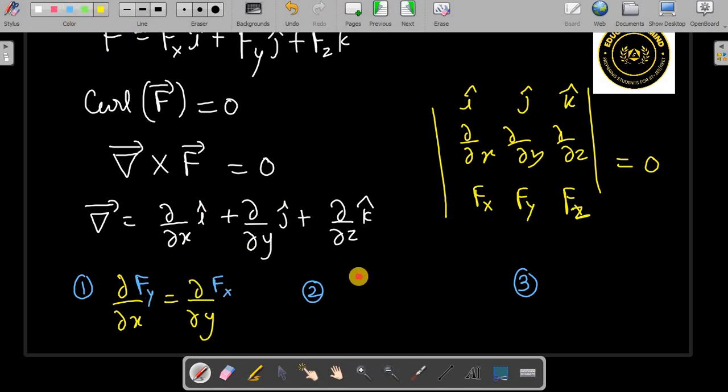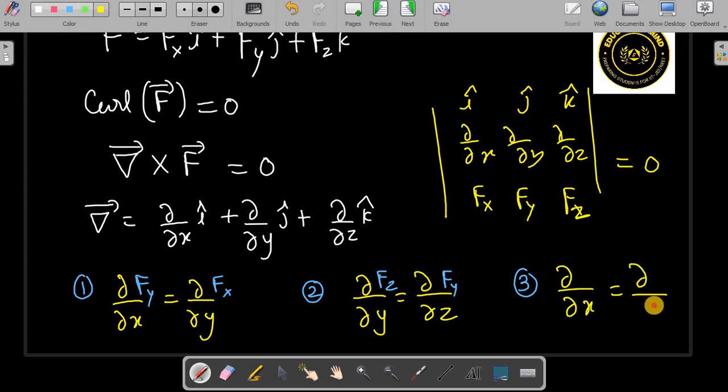Similarly, take the yz combination, differentiating with respect to z. So on this side you should write Fz, and on this side Fy. Similarly, next will be xz, right?